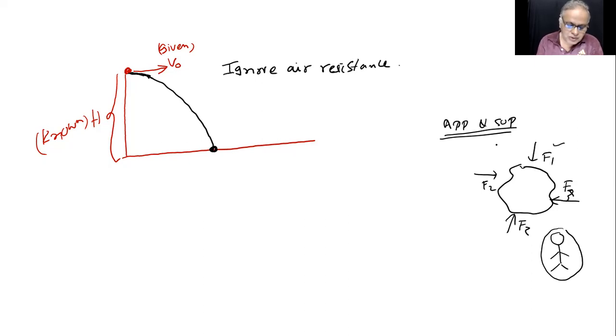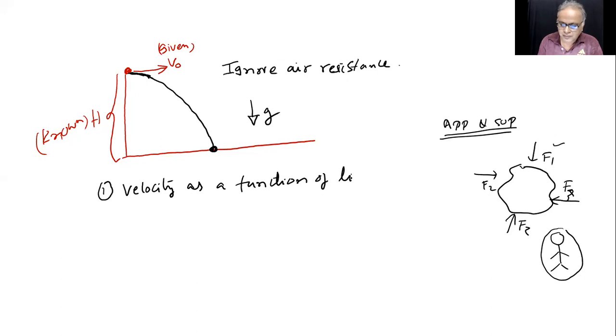Now g is constant as usual. g will be acting down everywhere, isn't it? g is down. Now as usual, first, velocity as a function of time. What do you mean by that?